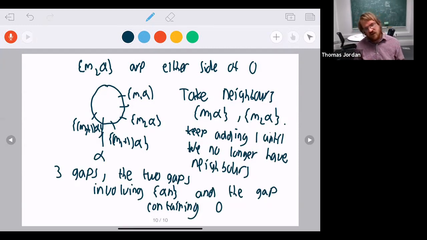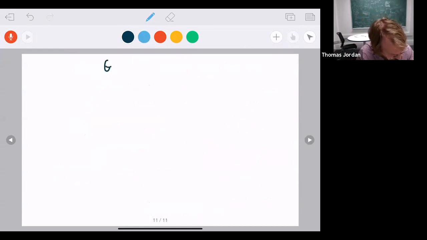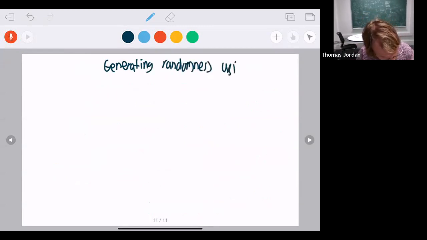So let's think about some other dynamical systems, generating randomness using a dynamical system.